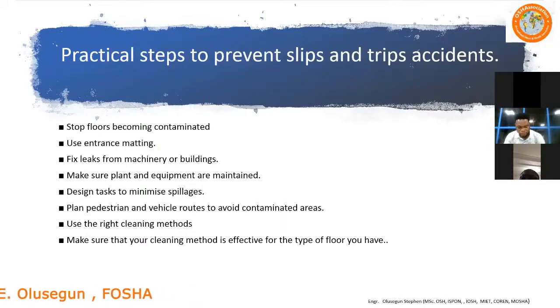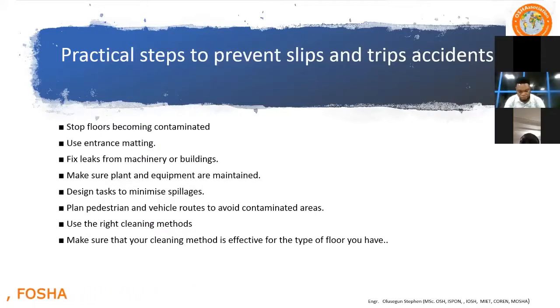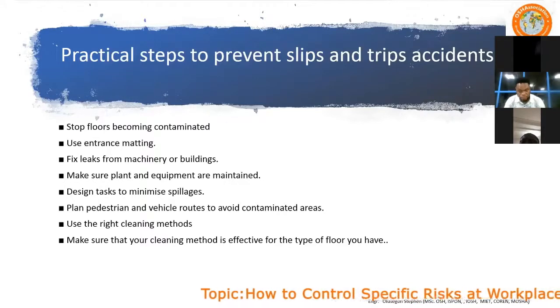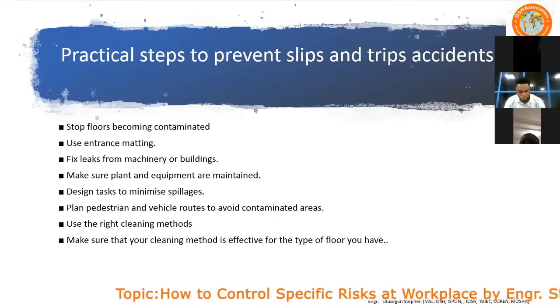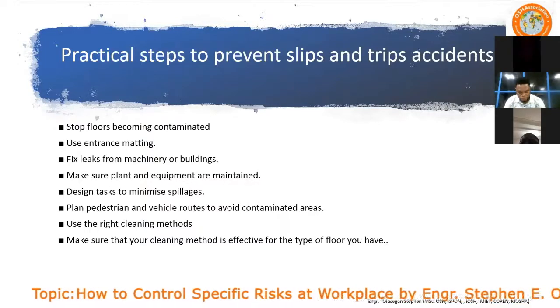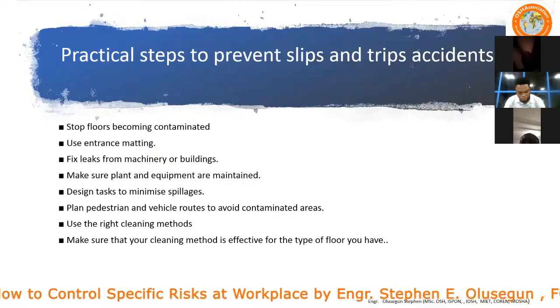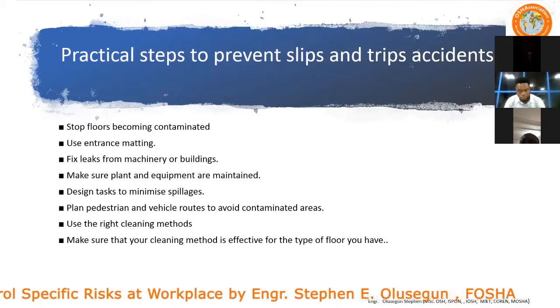So make sure that plant and equipment are maintained. Fix leaks from the machinery and buildings. I realized many times when I was working in industry, that in a lot of places the machine will be leaking, and the operator will even say, well, it's not a problem, the machine is still working. The machine might be working, but you are creating danger, you are creating risk all around, because there's leaks coming from that place.